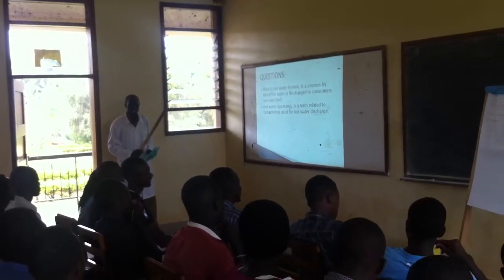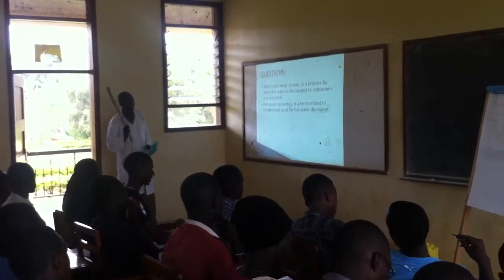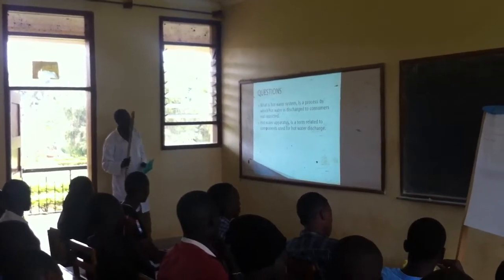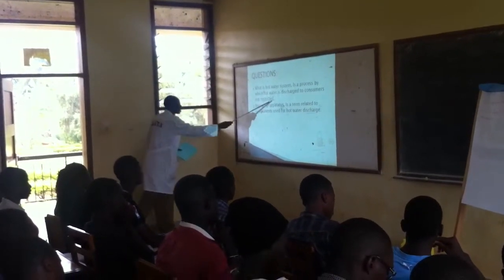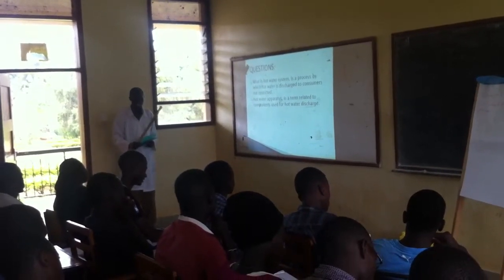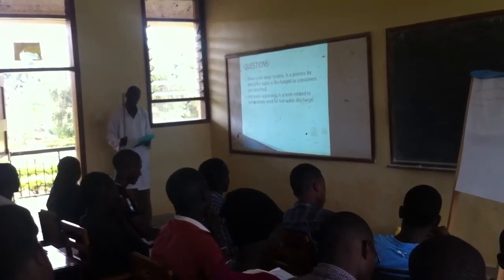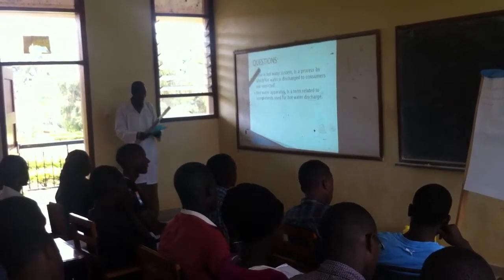Yes. Isn't it? This man might have, but he is only lacking to say hot water is discharged to the consumers. And the consumers is missing, and this word, not restricted. I get it. Now, are you seeing how answers are coming just from yourselves? Okay?